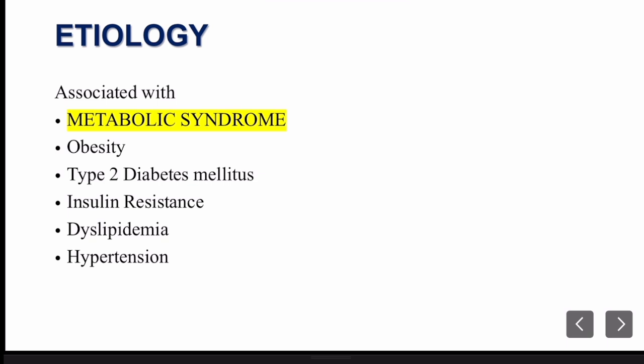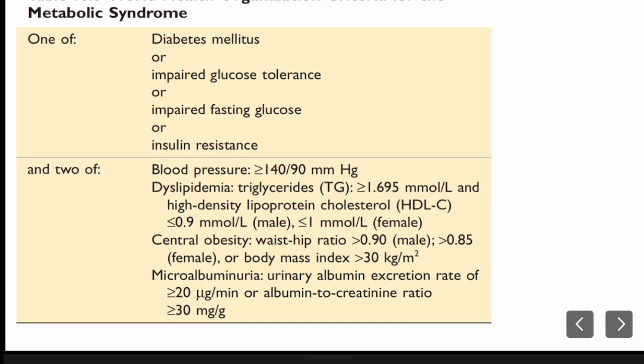So most importantly, metabolic syndrome, diagnosed by the following WHO criteria. So the patient will have one of these: diabetes or impaired glucose tolerance or impaired fasting glucose or insulin resistance, and two of these features: raised blood pressure, dyslipidemia, central obesity, microalbuminuria. Some of these factors overlap with the cardiometabolic risk factors that we discussed earlier in the diagnostic criteria of MASLD.